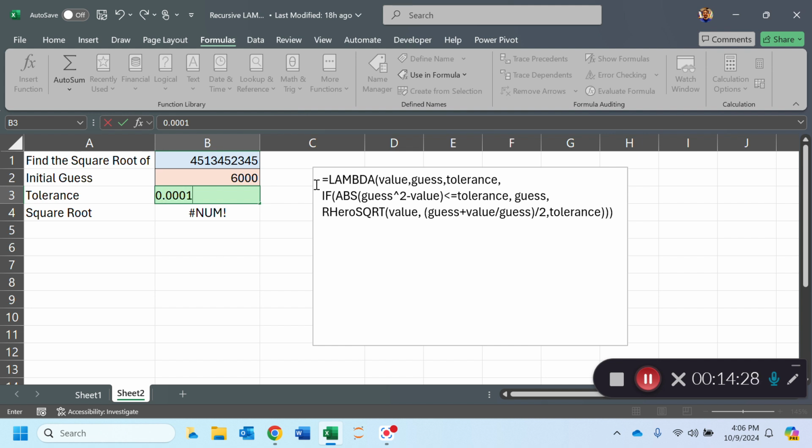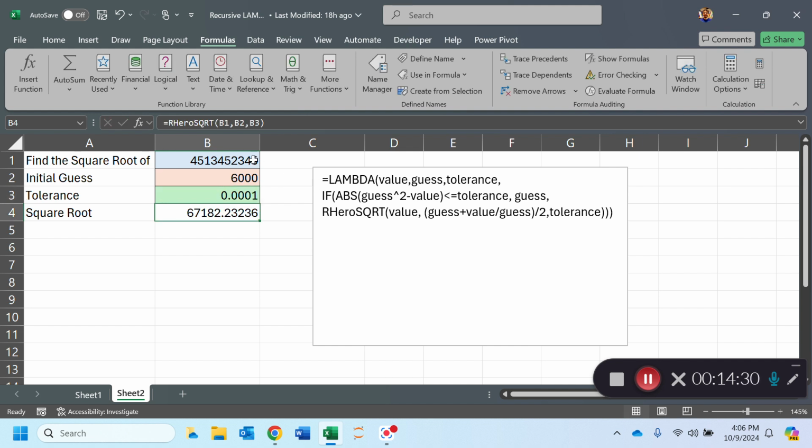Let's see here if the algorithm is, yes, the algorithm requires some kind of, because if the value is not converging, it's not going to be able to find that value within that specific tolerance level. And here, I think the initial guess did not matter. The tolerance level mattered.